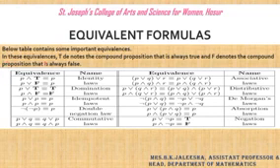Here in these equivalences, T denotes the compound proposition that is always true and F denotes the compound proposition that is always false. So if we are considering the truth value T as the variable, it will consider only the true values.